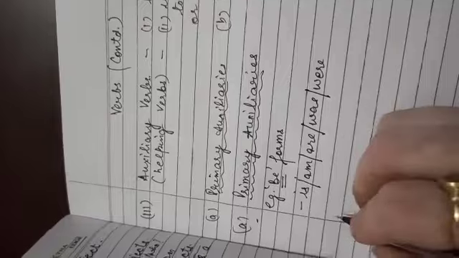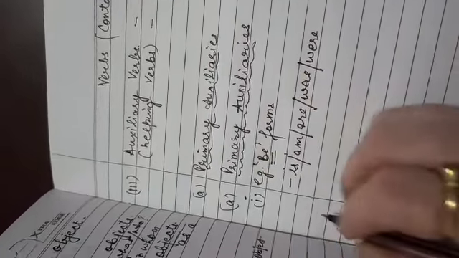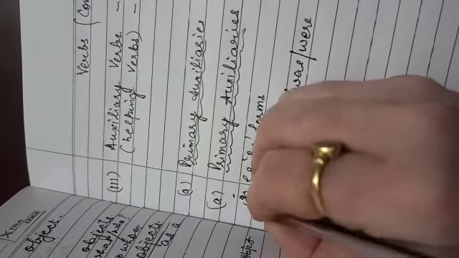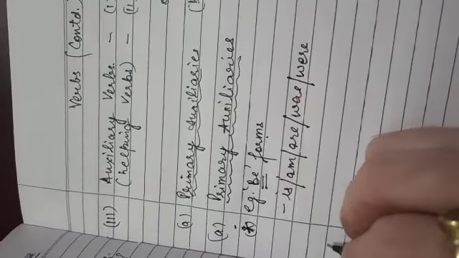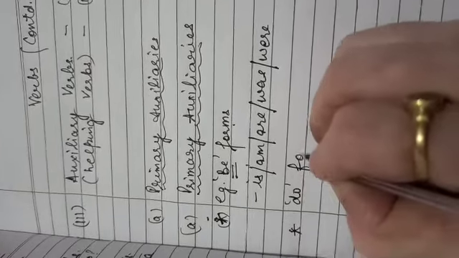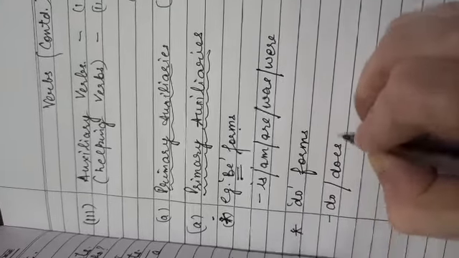I'll just make it easy for you to remember. I'll put a star over here, children. All the B forms are primary auxiliaries, right? Another star I'll make for do forms. All the do forms are primary auxiliaries like do, does, did.